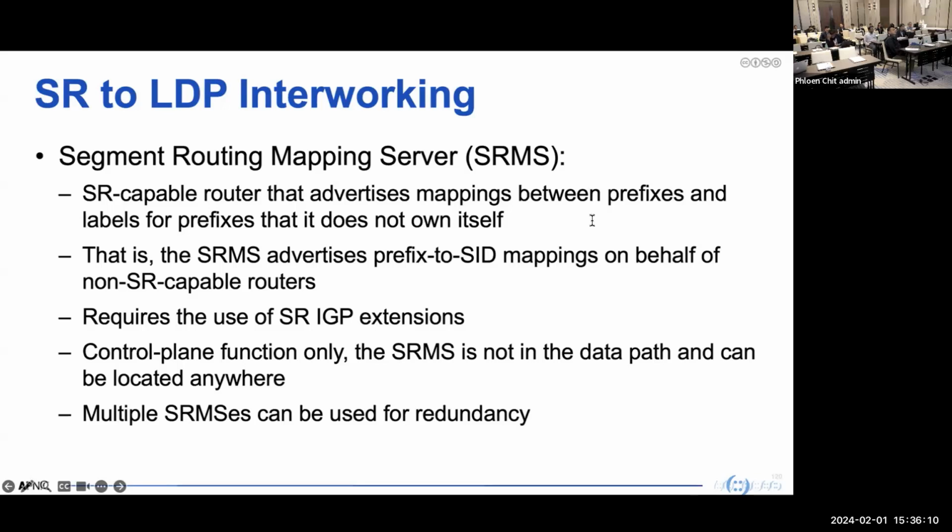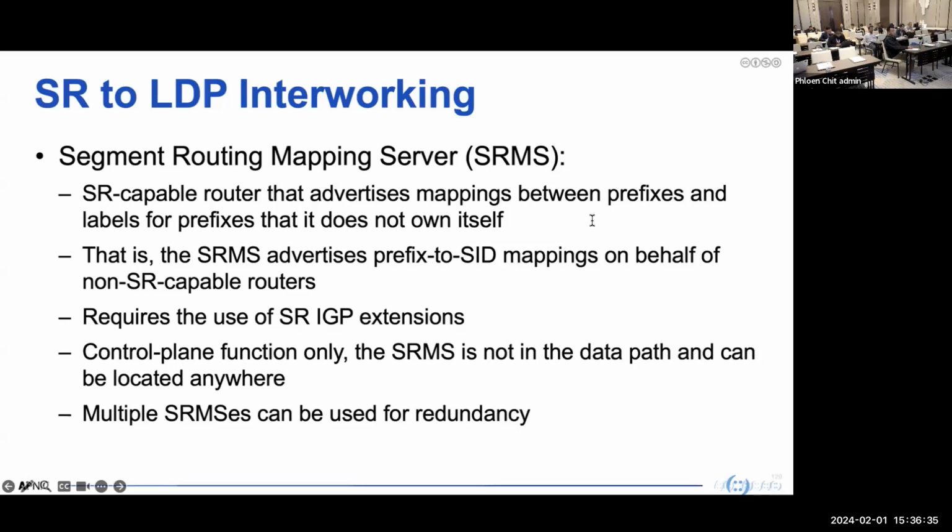So it is like a proxy advertising the prefix and label on behalf of others, because nodes in LDP cannot advertise their prefix in the segment routing domain. That's why we need the segment routing mapping server to do it on their behalf. In other words, it is advertising the prefix to SID mappings on behalf of non-SR capable routers.